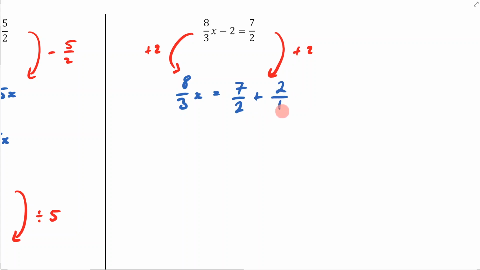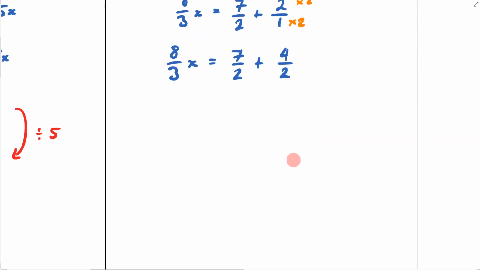And I'm going to write that as 2 on 1. Because what I then need to do is times this by 2 and this by 2 to get common denominators. So that means I'm going to get 8 on 3x is equal to 7 on 2 plus 4 on 2. That's going to leave me with 8 on 3x is equal to 11 on 2.